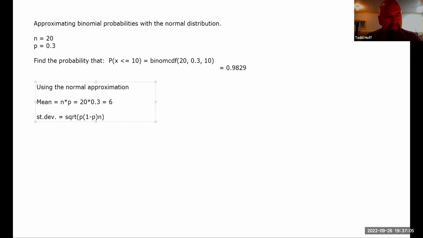I'm going to expand it a little bit: 20 times 0.3 times 1 minus 0.3. We'll punch this in off screen, the square root of 20 times 0.3 times 1 minus 0.3, giving us 2.049.